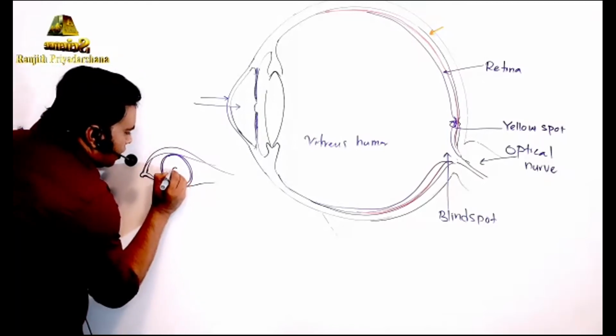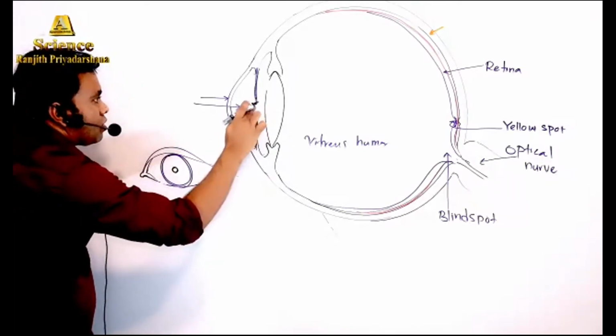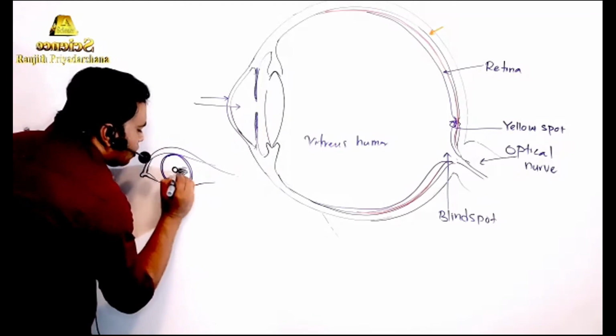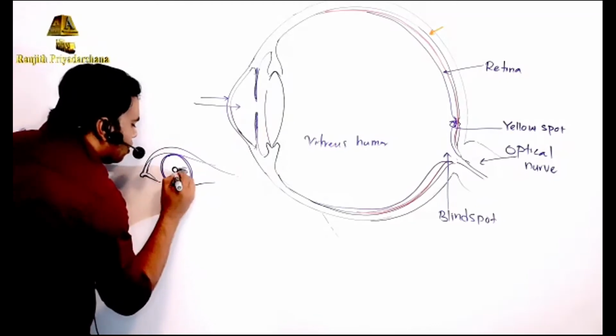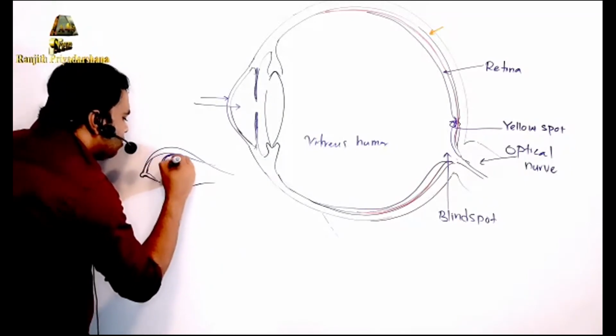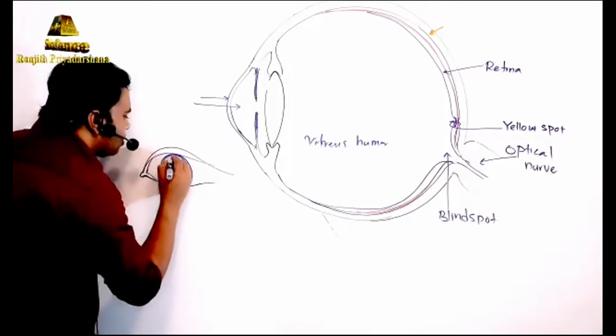At the middle, you can see the pupil. And around that, you can see these smooth muscles in a circular and radial arrangement.